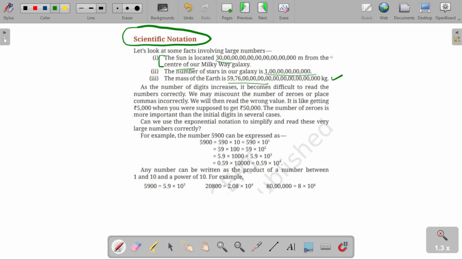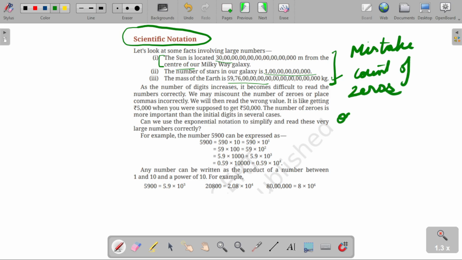In these expressions, the biggest mistake that we make is the count of zeros, or the place of commas. So these are the biggest mistakes, okay?